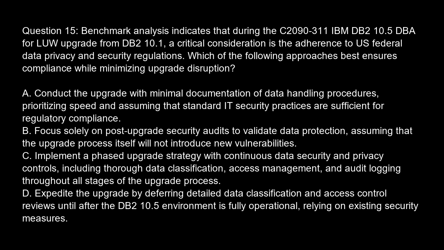Option C. Implement a phased upgrade strategy with continuous data security and privacy controls, including thorough data classification, access management, and audit logging throughout all stages of the upgrade process. Option D. Expedite the upgrade by deferring detailed data classification and access control reviews until after the DB2 10.5 environment is fully operational, relying on existing security measures.